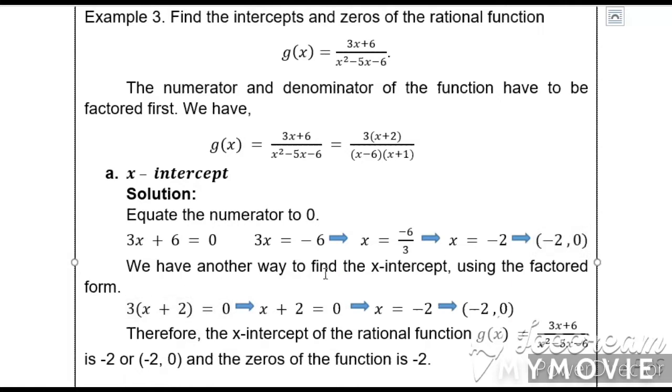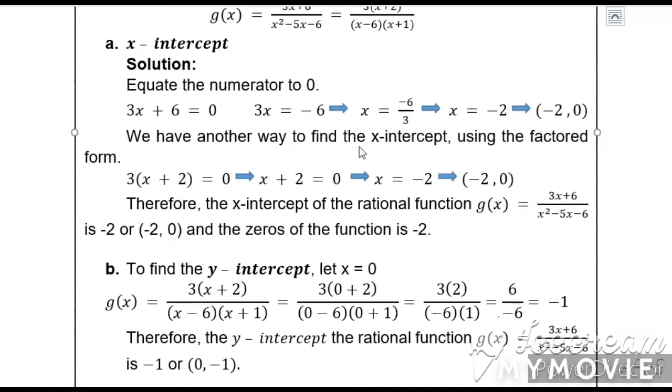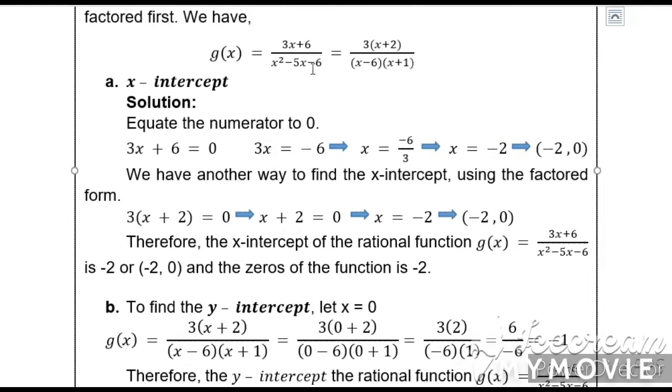We have another way to find the x-intercept using the factored form. Based on our function, we have 3x plus 6. The factored form is 3 times quantity x plus 2. So we can have 3 times quantity x plus 2 equals 0.